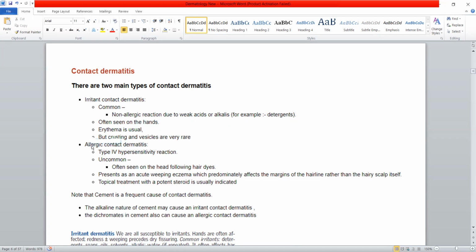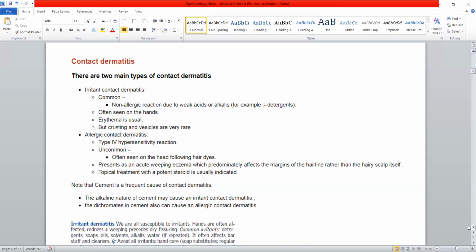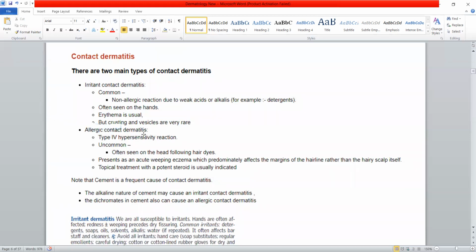While the second type of contact dermatitis, allergic contact dermatitis, is an allergic reaction. Type 4 hypersensitivity reaction. Because it is a type 4 hypersensitivity reaction, it will present with crusting and oozing of fluid.